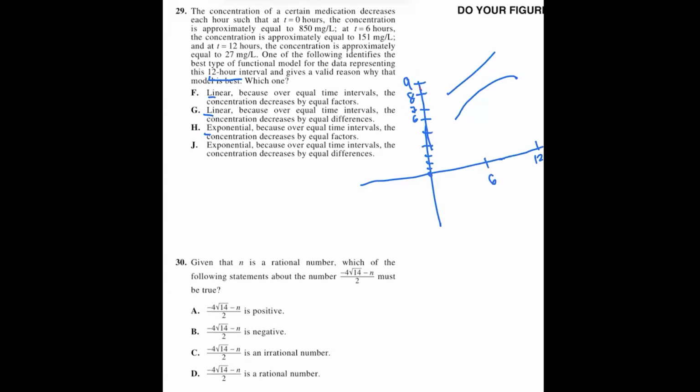Then at 6 hours, it is about 151, which is way down here. And down here by 12, it's really, really close to zero. So on number 29, we know that it's decreasing. And since it's a curve, this is going to be exponential. So the answer is going to be H.